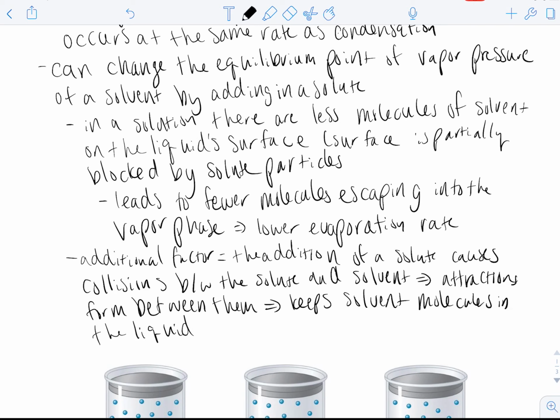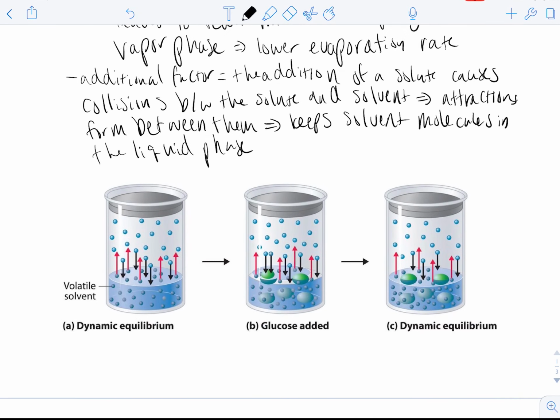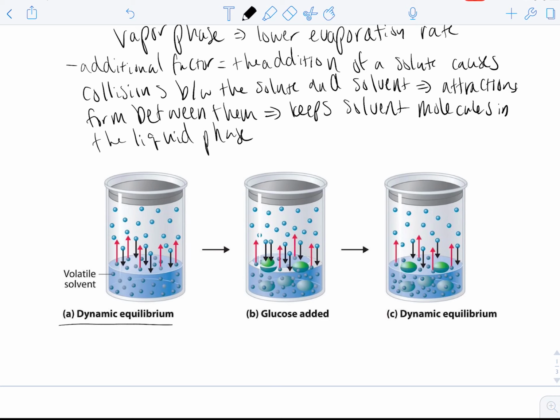Okay, so let's look at what that looks like. Here in A, we have a closed container where we've got pure solvent molecules, and we have our equilibrium vapor pressure where condensation and vaporization are occurring at the same rate. We add in a solute. That solute ends up with some of the particles on the surface.